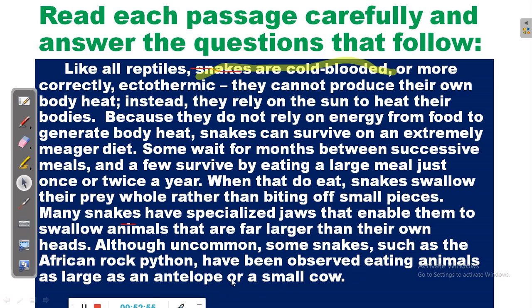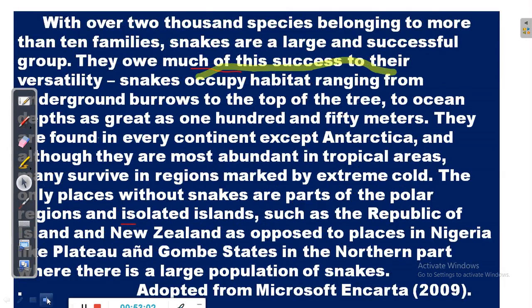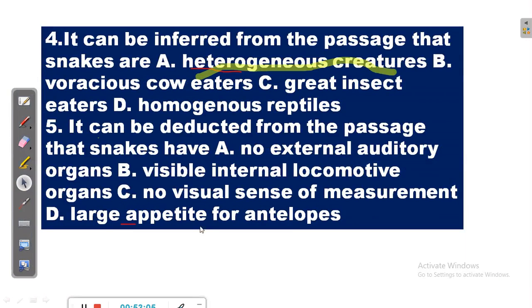All right, so of course, this is a clue, and this can conveniently enable us to ratify the option we have chosen. If they can be seen swallowing or devouring an antelope, then we can conclude that they have a large appetite for antelopes.